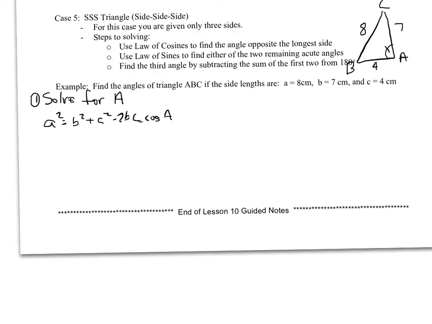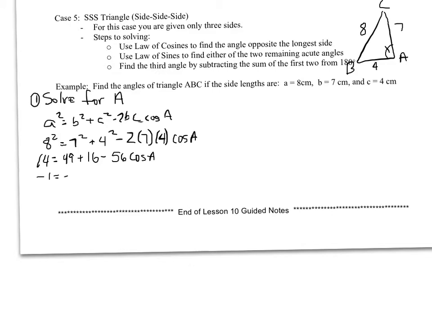So when we plug this in, we get 8 squared equals 7 squared plus 4 squared minus 2 times 7 times 4 times the cosine of A. And we get 64 equals 49 plus 16 minus 56 cosine of A. Subtracting over what we can, we get negative 1 equals negative 56 times the cosine of A. So the cosine of A equals 1/56.